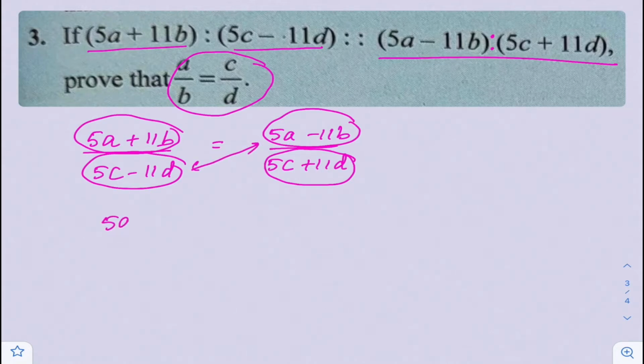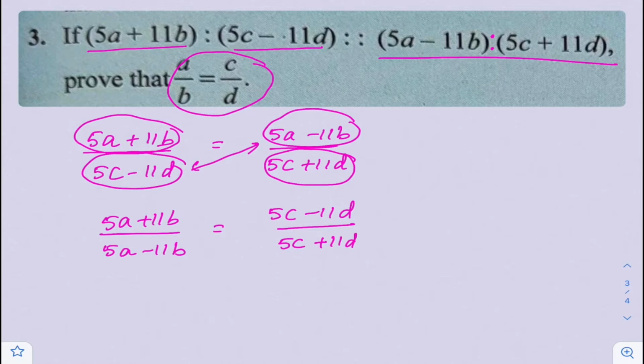So 5a plus 11b upon 5a minus 11b equals 5c plus 11d upon 5c minus 11d, and this rule is called alternando. So you have to mention it: alternando. Okay, now you can apply componendo and dividendo.